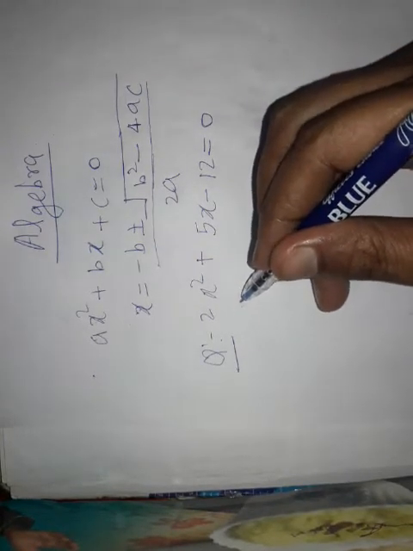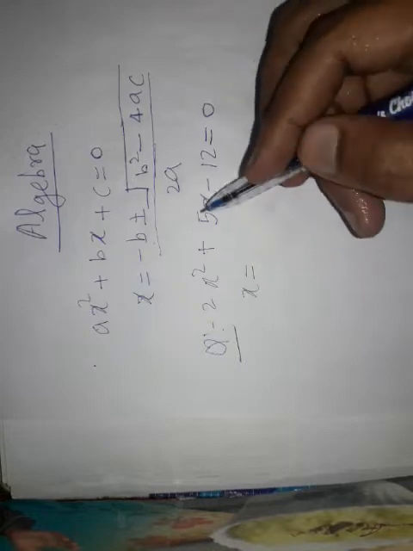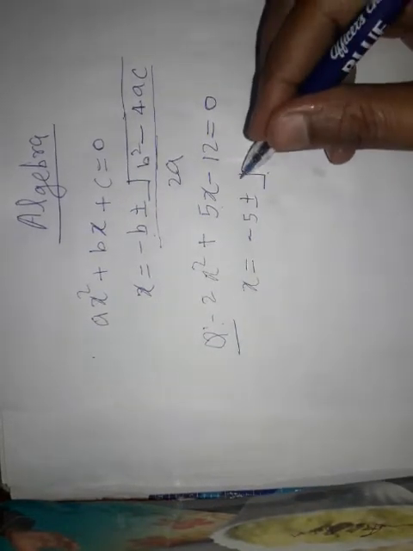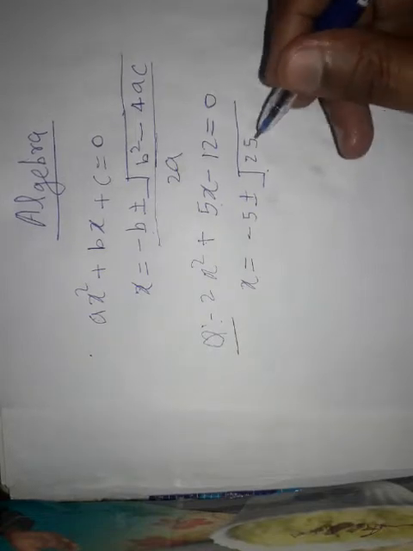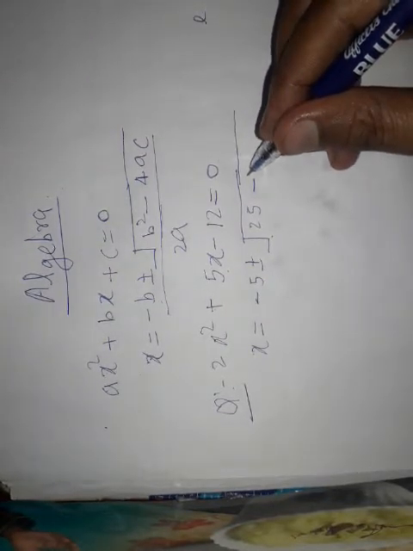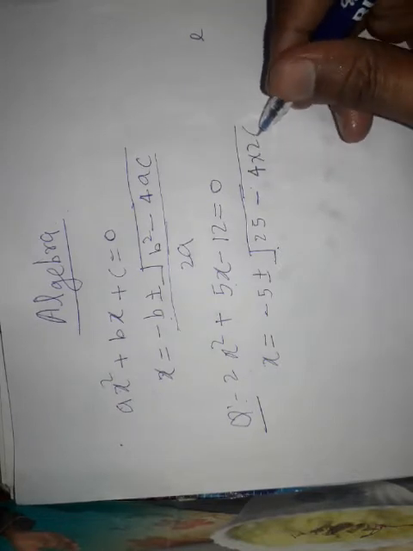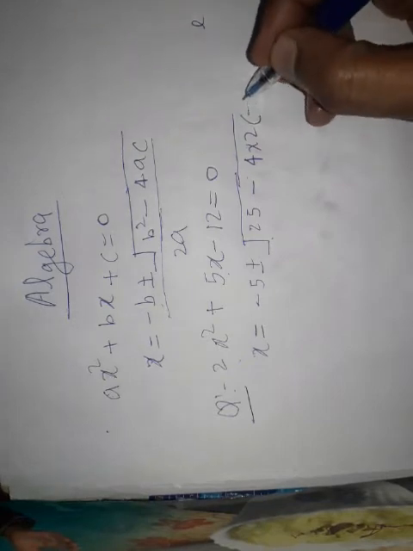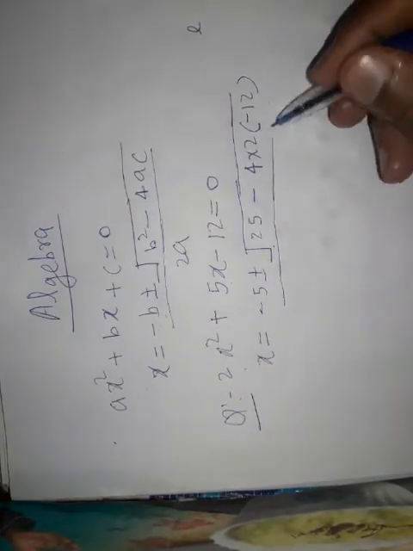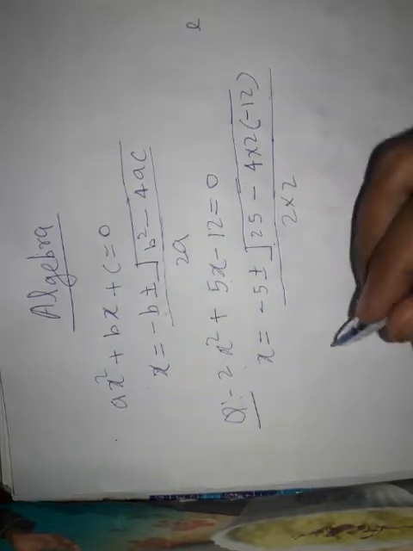So by Sridharacharya's formula, x equal to minus b, that is minus 5, plus minus under root b square, 5 square means 25, minus 4 multiplied by a, which is 2, and c, minus 12, upon 2a, means 2 into 2.